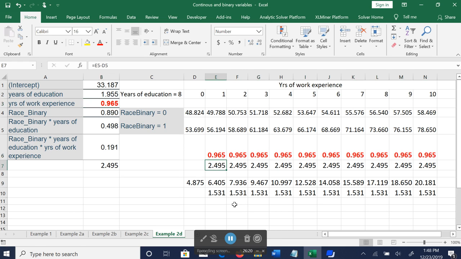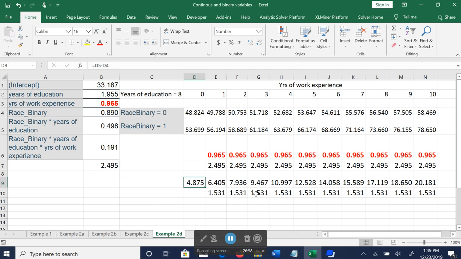And if we want to see how the income for this racial group is going to change with additional years of work experience acquired, we subtract this from this, we get this. And this equals these coefficients plus 8 multiplied by these coefficients because of 8 years of schooling involved.